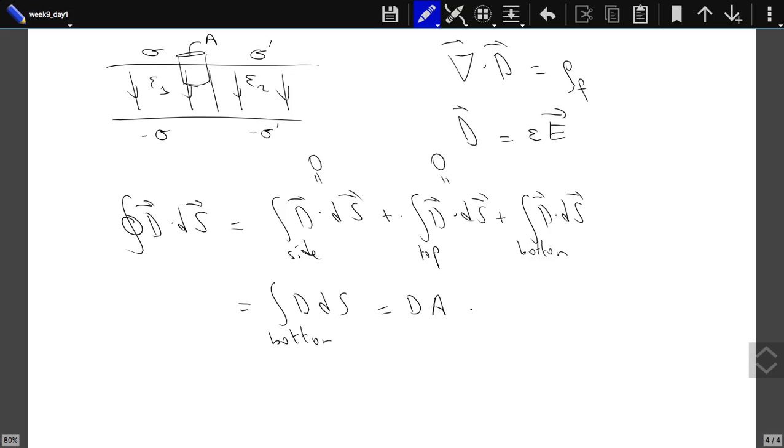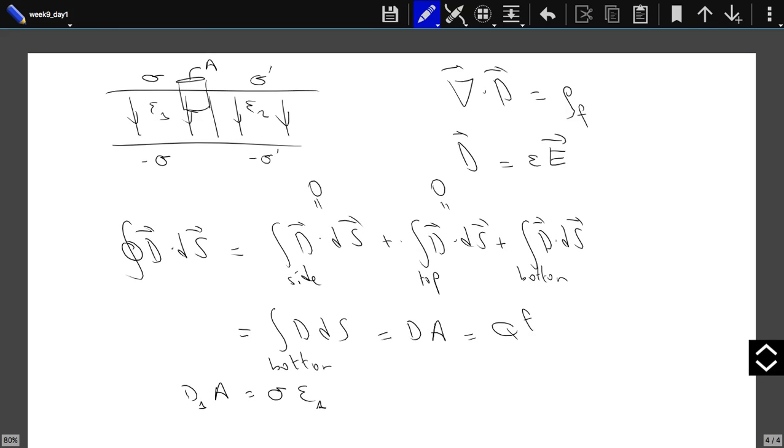And Gauss's law tells me that this should be equal to Q free, which for that case, since I'm in the first dielectric, D1 times A will be equal to sigma times A. No, sorry, sigma times A, or D1 is equal to sigma.